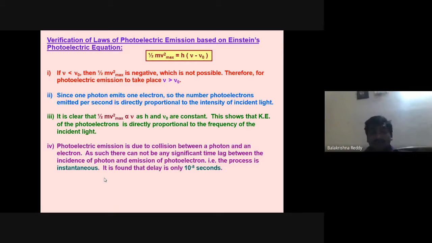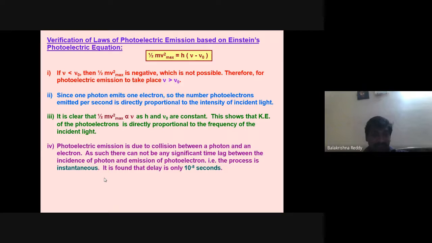Now, photoelectric emission is due to a collision between a photon and an electron. The photon comes, imparts its energy to the electron, and the collision happens. As such, there cannot be any significant time lag. As we discussed in a previous class, it is an instantaneous process.